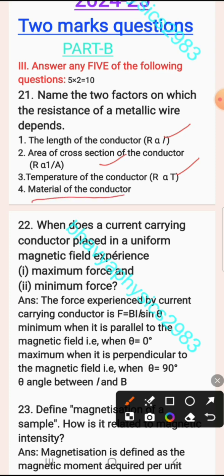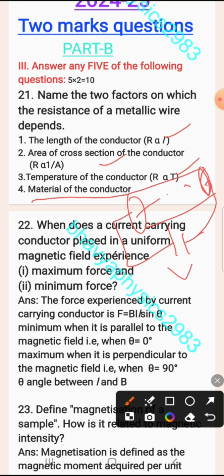So we know that this current carrying wire is cylindrical in shape. Resistance is opposition offered by this wire for the flow of current. When electrons are moving from one region to another, this wire must be connected to a potential difference or battery. Then electrons start moving from this end to this end.